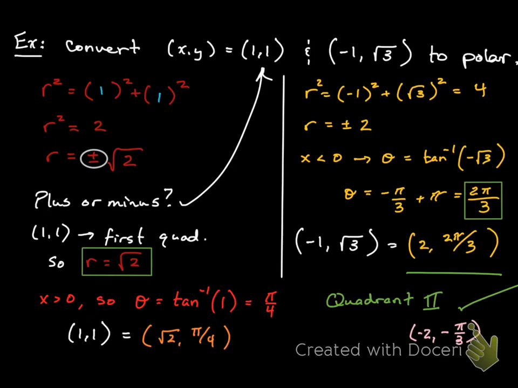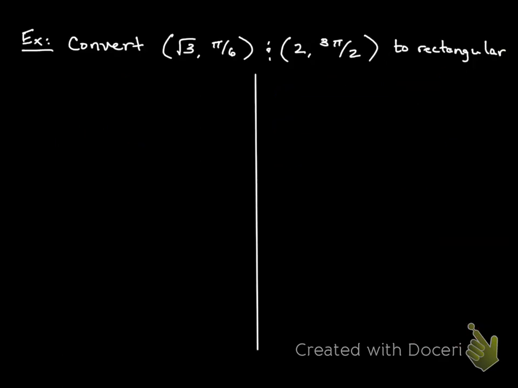Next, we convert the points (radical 3, pi over 6) and (2, 3 pi over 2) to rectangular. These are easy because what we're able to use here is just x equals r cosine theta and y equals r sine theta. That's all we need. So this point first, x equals r cosine theta.